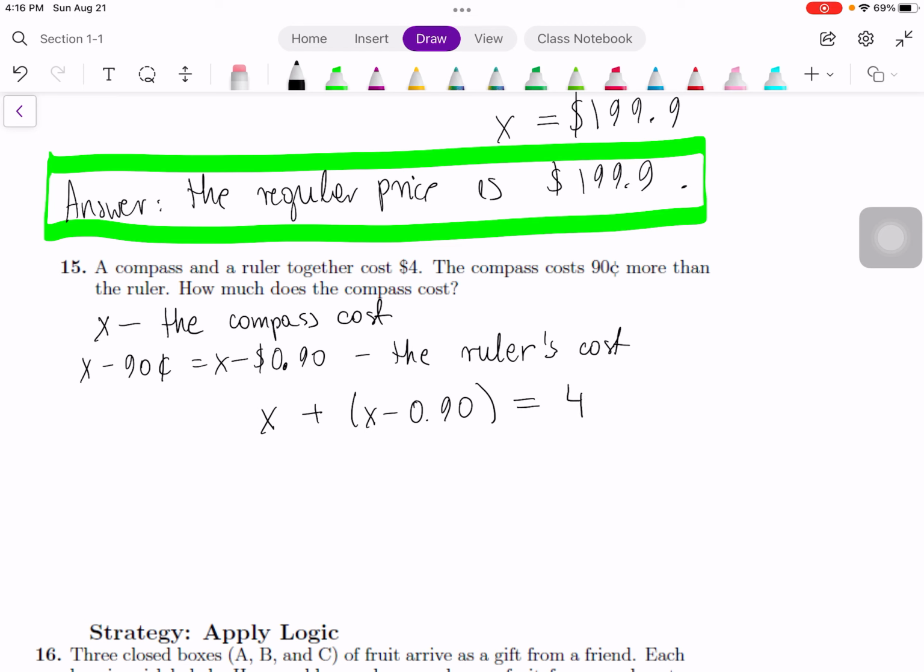That's why I needed to convert into dollars, because the combined cost was $4. Of course, the parentheses are not necessary here, so I can get rid of them, and then I have 2x minus 0.9 equals 4.